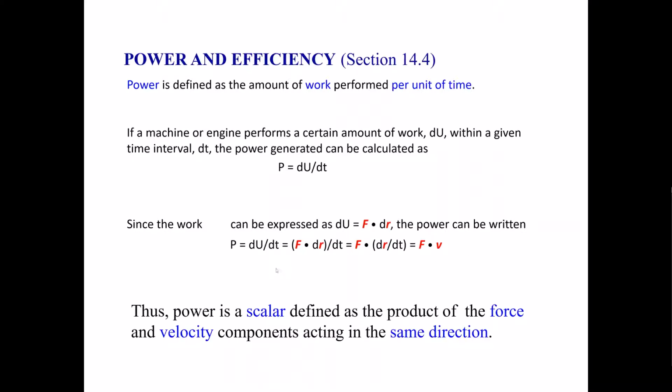Essentially, what we come up with is the force vector dotted with a velocity vector. What is that really saying? The x components multiplied times the x components, the y components times the y components, and the z components times the z components, if you're in the Cartesian coordinate system.